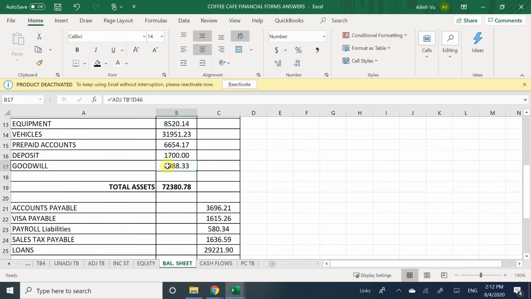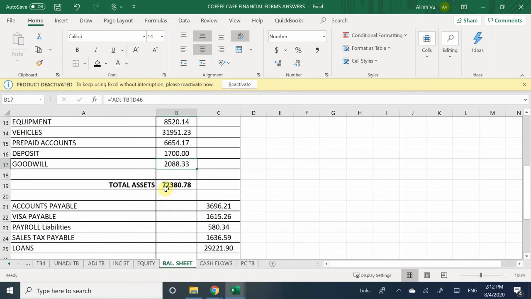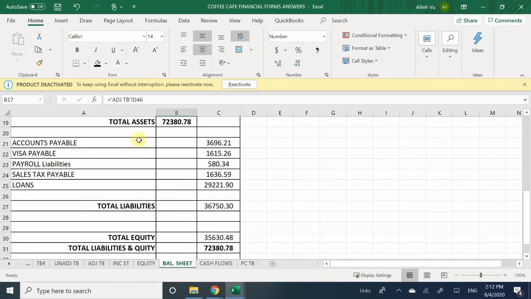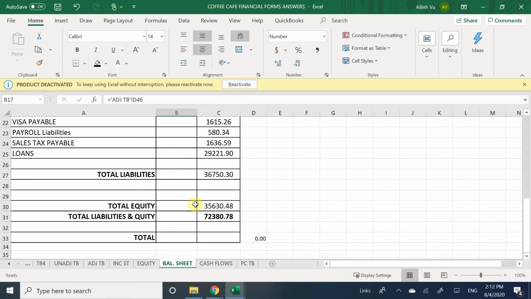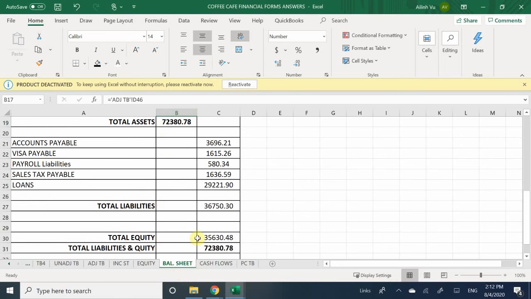Okay, so here I have a total of 72,380. And then I go ahead and list all of my liabilities. And in here we have total liabilities of 36,750, plus we also have to add the new equity that we just solved for, and boom, we get the same exact answer, $72,380.78.